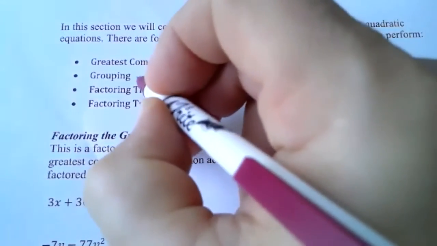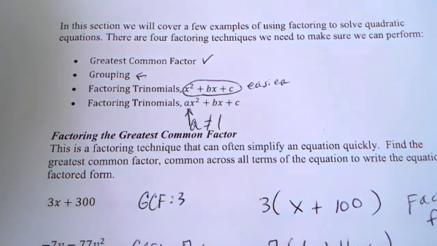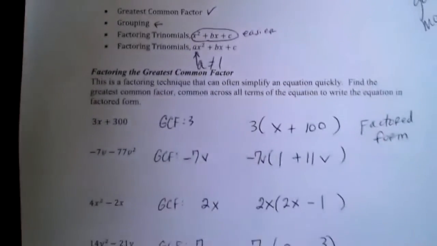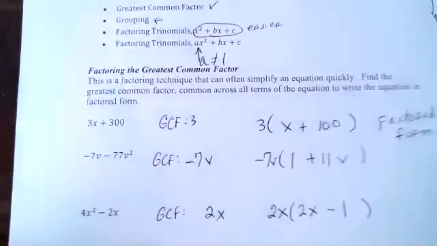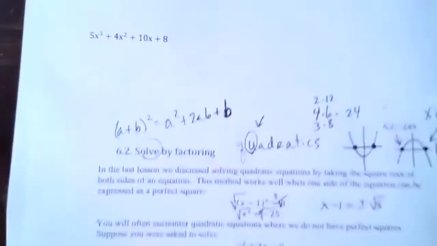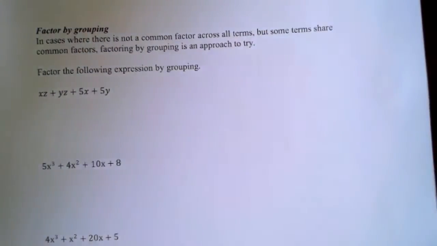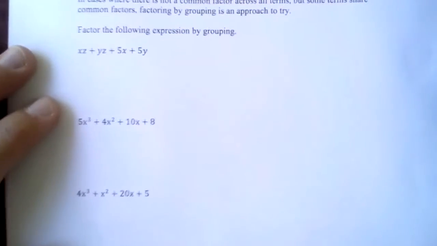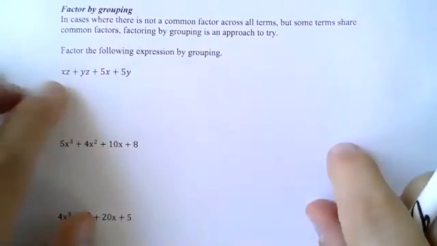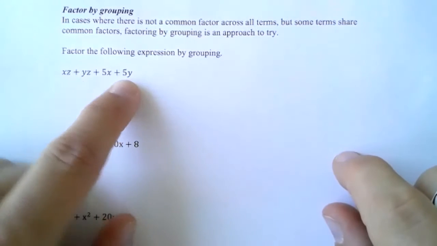So check, we got greatest common factor down. Now, grouping is a different thing. We'll talk about that in just a minute, all right? Now, let's go over here and chat about the grouping part. Grouping is not as hard as it looks. It's usually when you have a format like this where you have not 2 terms, not 3 terms, but 4 terms.